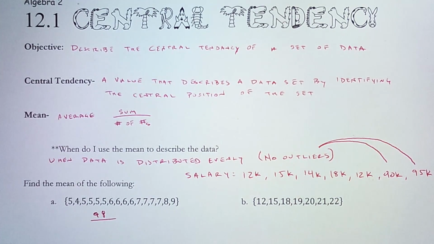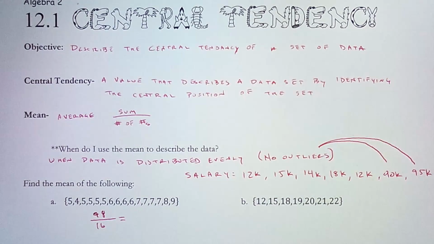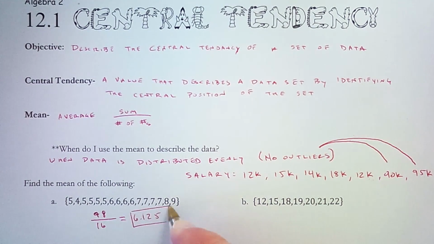So then we're going to divide that by the number of numbers. We had a 4 and then a total of 5 5s, so that's 6, plus 4 6s is 10, plus 4 7s is 14, 15, and 16. We've got 16 numbers. So it's 98 divided by 16, and that is 6.125. So the mean is 6.125.